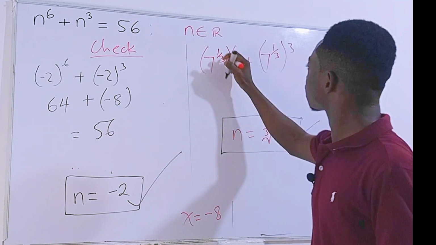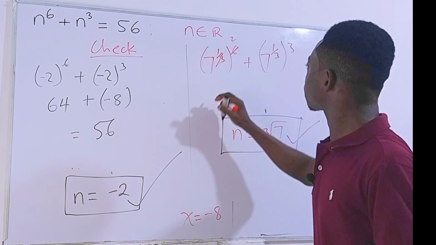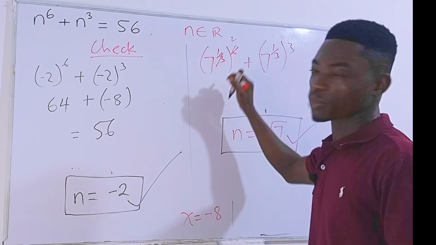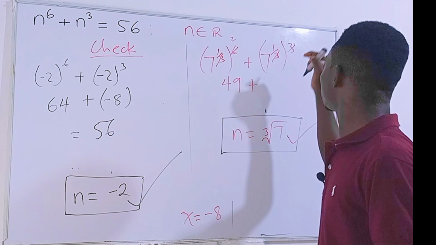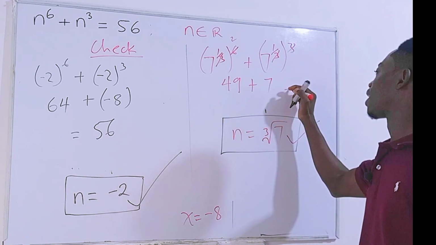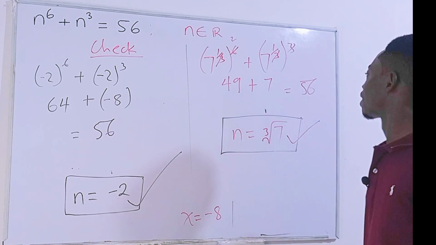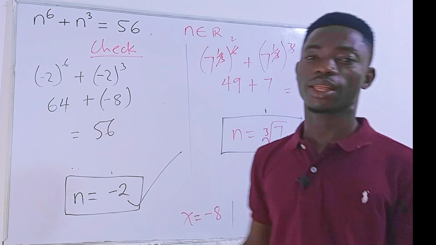And clearly we see that this will cancel out, 3 goes into 6 2 times. Then we have 7 to the second power, which is 49. Then plus this and that will also leave, we are left with 7 right here. 49 plus 7 is nothing but 56. So you can clearly see that these two solutions really satisfy the equation.